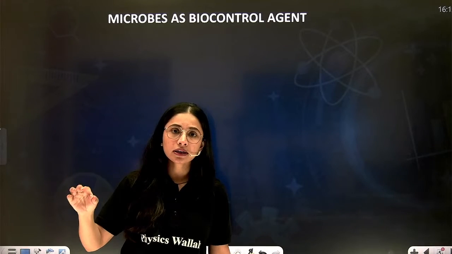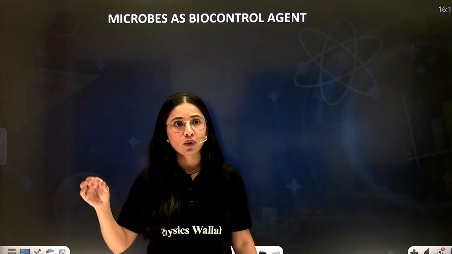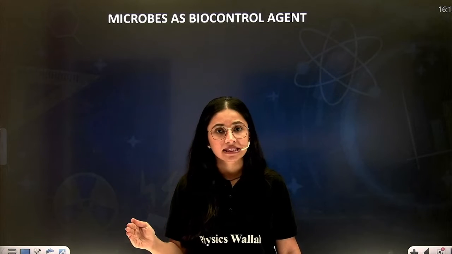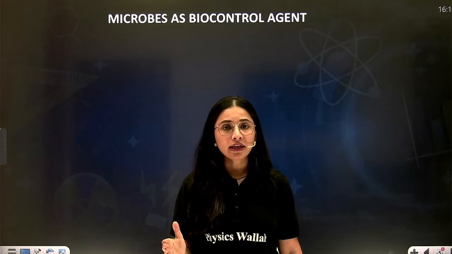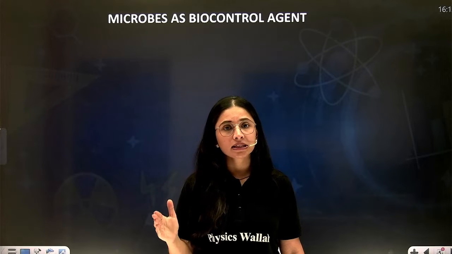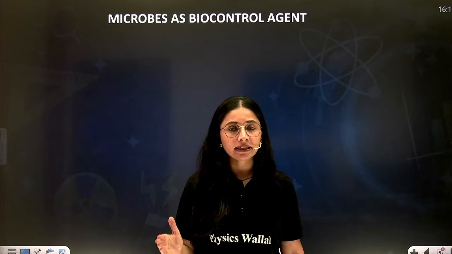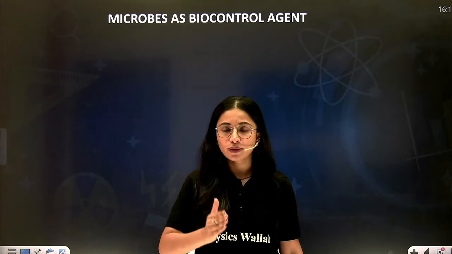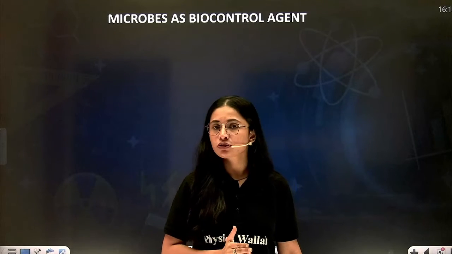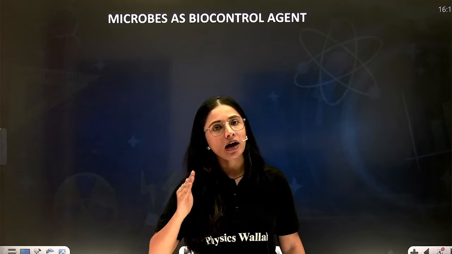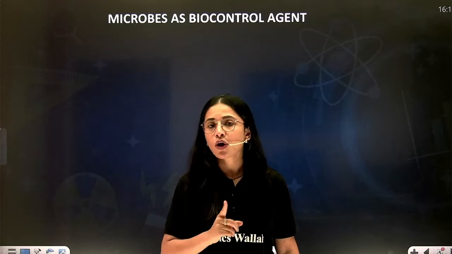So all the conditions are favorable for the growth of insects and pests. If on the field insects and pests grow, then automatically they will shift to the crop, and yes, they are going to damage your crop as well.